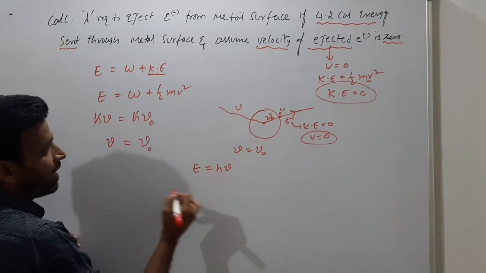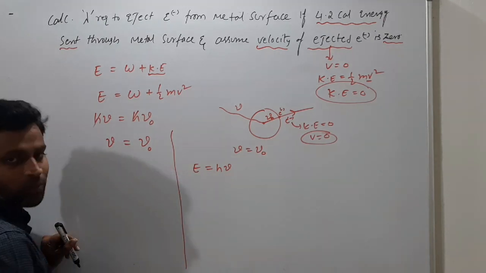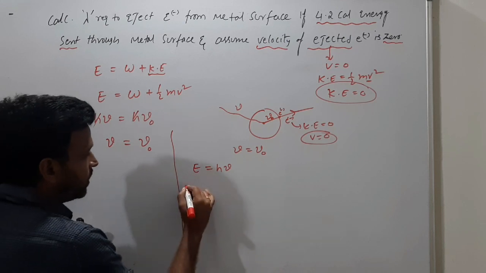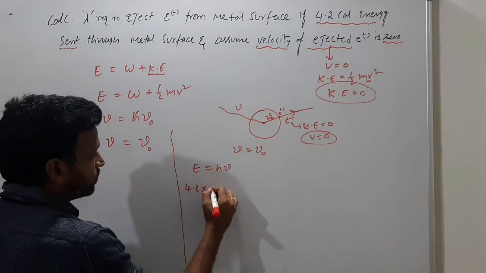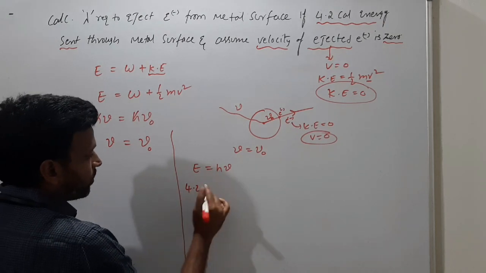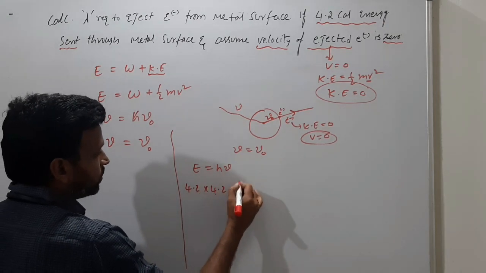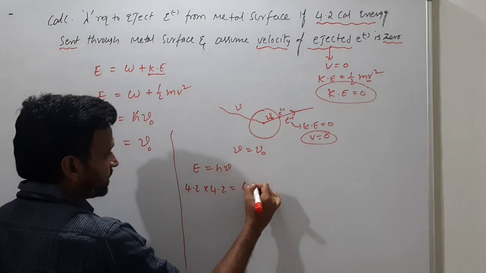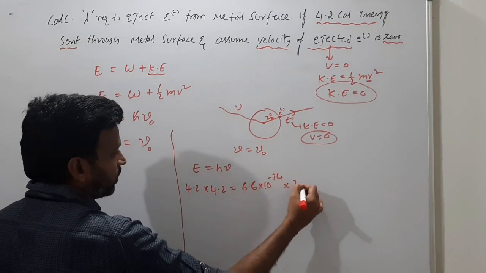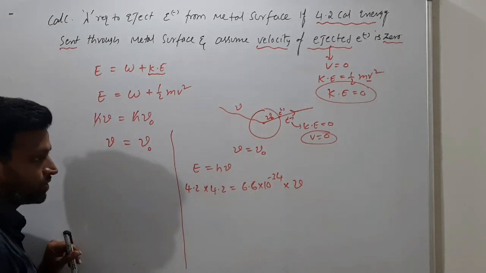So first of all I have to find nu, because 4.2 calories energy was sent. So 4.2 into 4.2, this is the h value 6.6 into 10 power minus 34 into nu. So this nu you will substitute here.